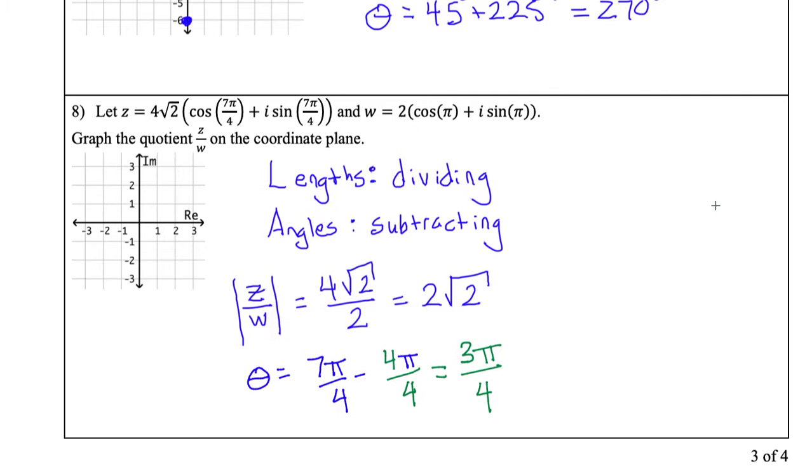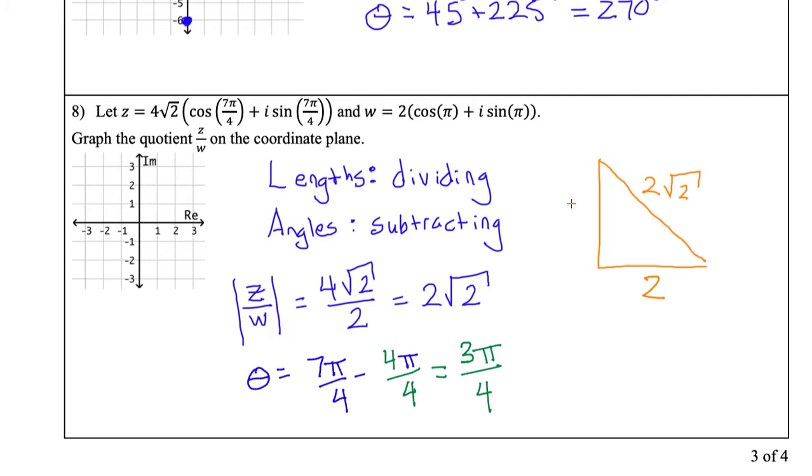If I make my triangle, and I know that my modulus here is 2 square root of 2, I know what these lengths are, because to go from the hypotenuse to the leg, I divide by square root of 2, which means this length is 2.